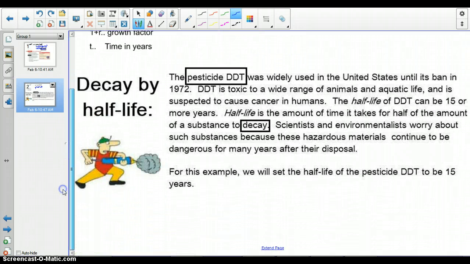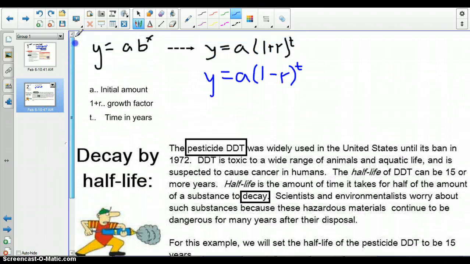It looks like I cut off the question, but the question prompt said if you start off with 100 grams of pesticide, first write out a decay function model, and then say how many grams there are after 1 year, after 2 years, after 3 years, and so on.